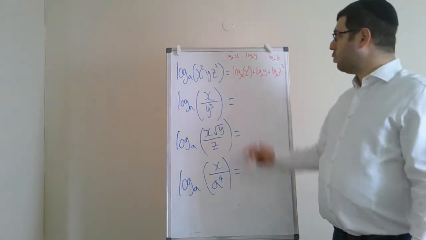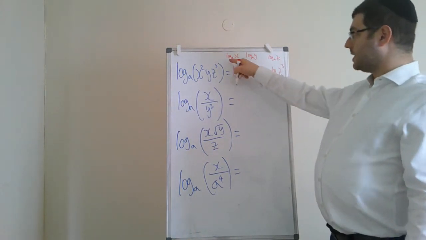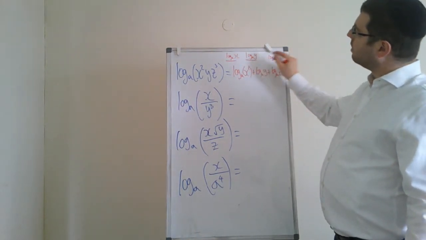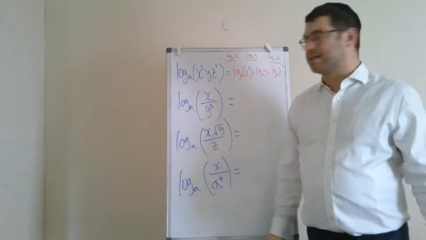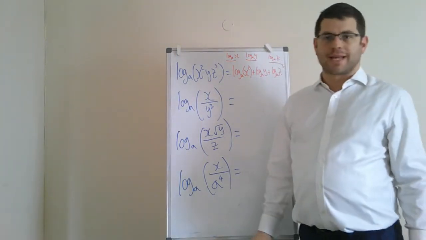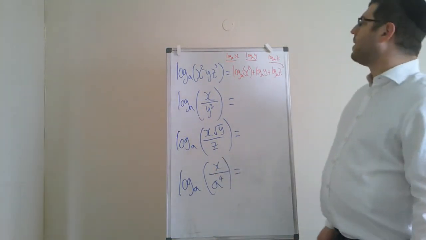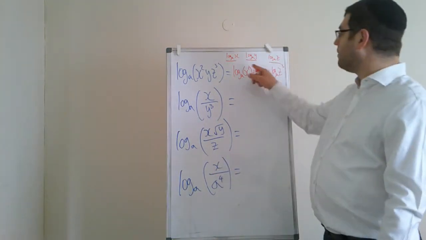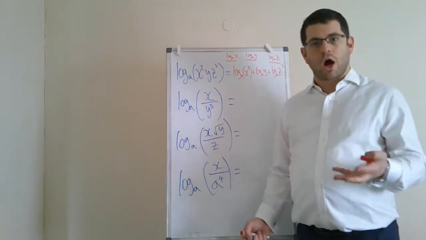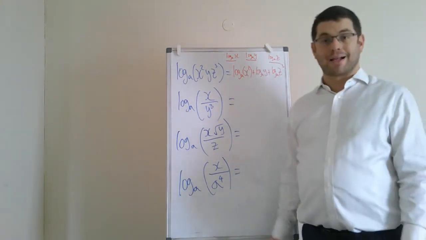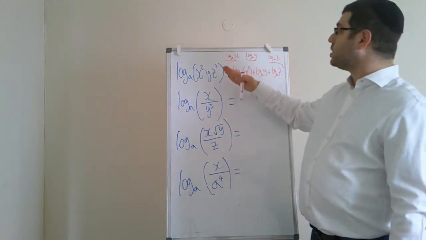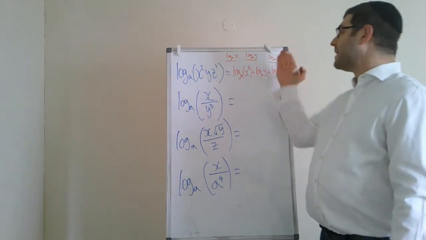But we're not allowed to have log a x squared. I said the answer has to be in terms of log ax, log ay, and log az. Log a x squared is not the same as log ax. X and x squared are not the same thing. So if I'm only allowed to have log ax, how am I going to get rid of that 2? You use the third log law to bring the coefficient back down. Before we were putting the coefficient in front of the log up as a power, now we're doing the reverse.